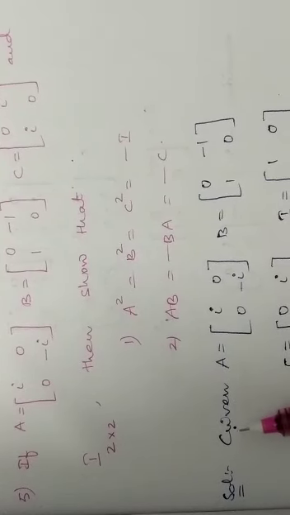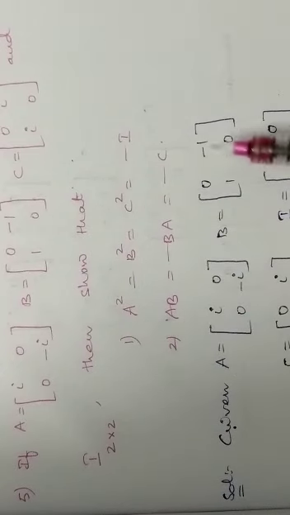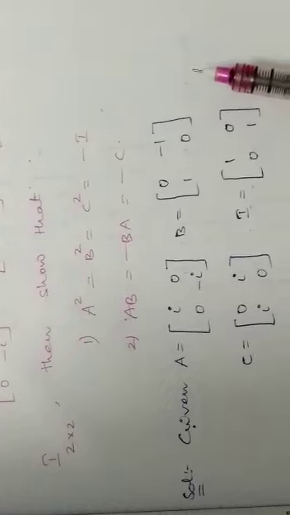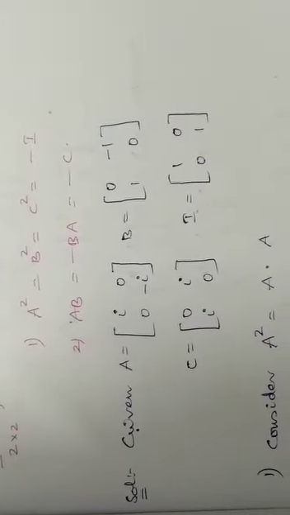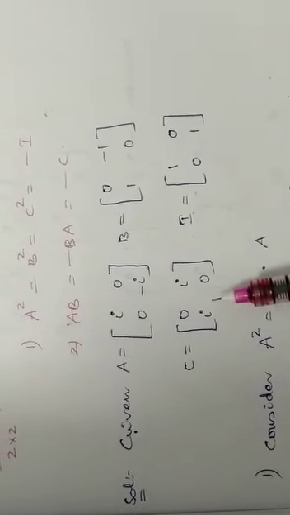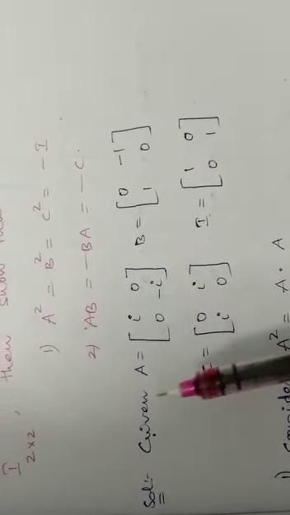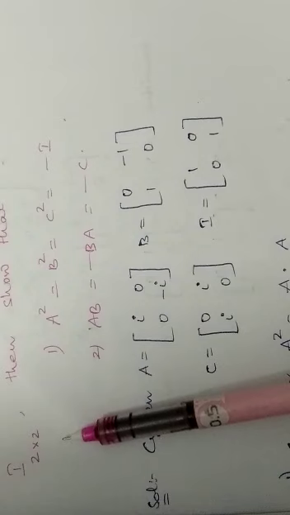So solution. Given A equal to, B equal to, C equal to are already given, so I have written the same. In the problem it is given that I 2 by 2, I means identity matrix.